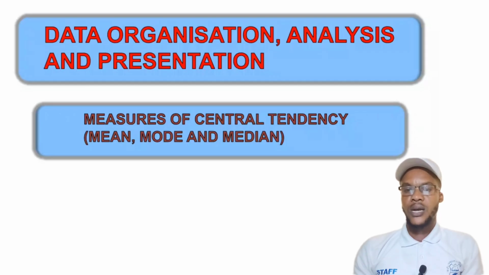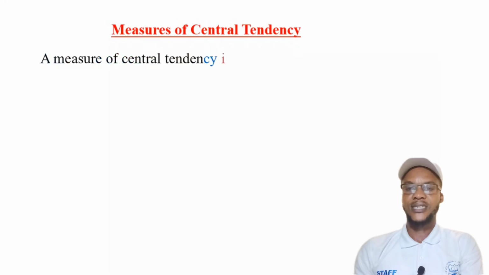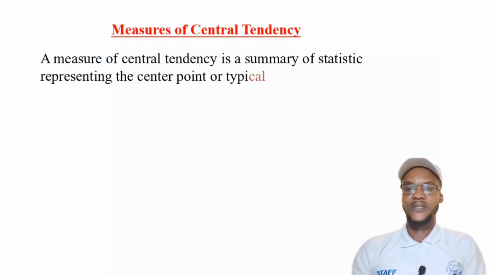Let's quickly go to what we mean by measures of central tendency. A measure of central tendency is a summary statistic representing the center point or typical value of a data set.